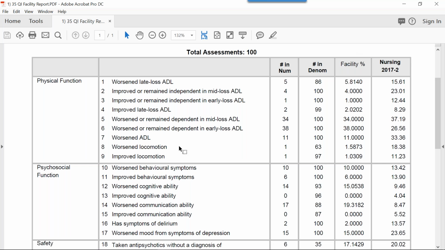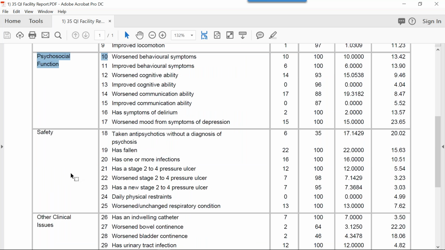Now you can see that these indicators are grouped under indicators that deal with physical functioning, such as ADLs, psychosocial functioning, and you can see cognitive, behavior, mood, safety factors, okay, other clinical issues.